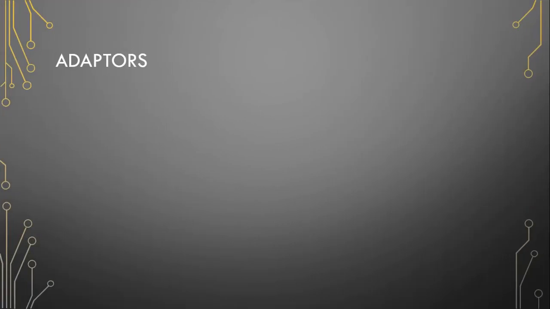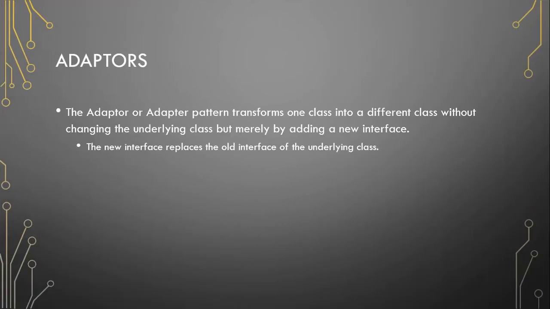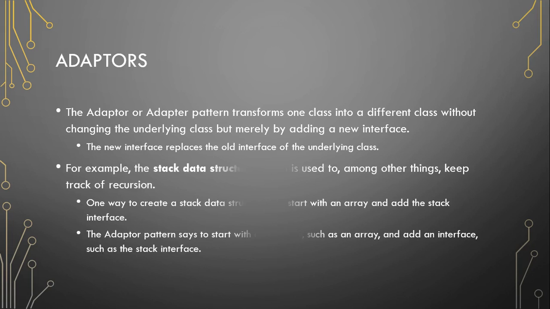All right, and that leads us to this next thing, which is known as an adapter. An adapter, or adapter pattern, depending how you want to spell it, is used to transform one class into a different class without changing the underlying class, but merely adds a new interface. So the new interface then replaces the old interface of the underlying class.